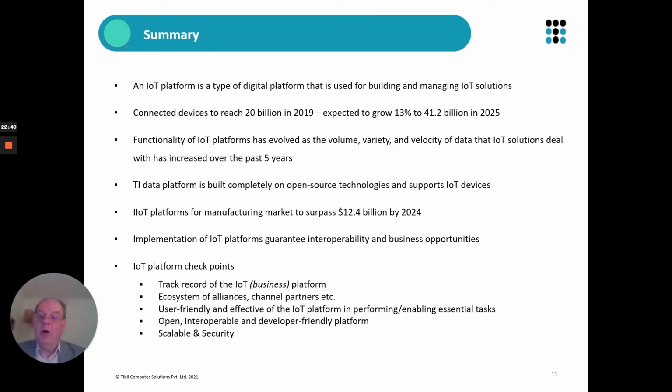The ecosystem of alliances and channel partners is the next one, which is super important when choosing the right partner for going down the path of an IoT system, because obviously the big guys have already come up with ready-made solutions, be it AWS, Google, you name it.